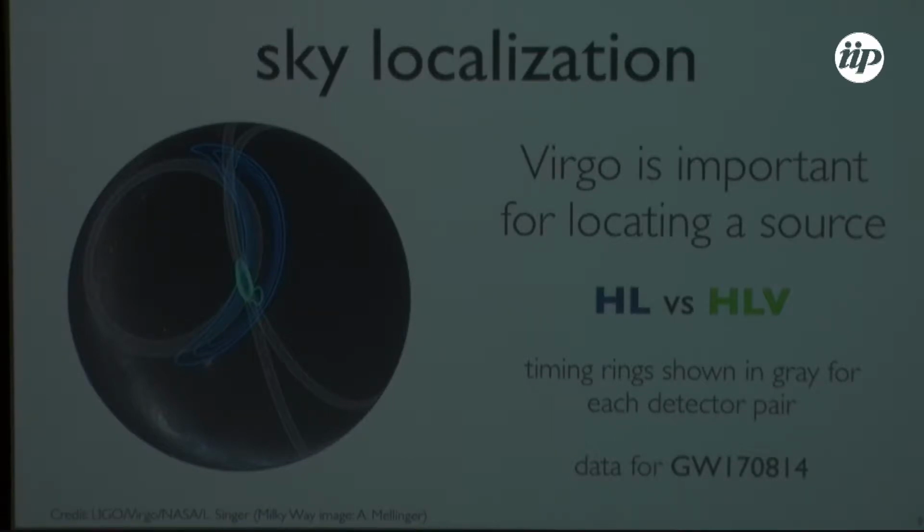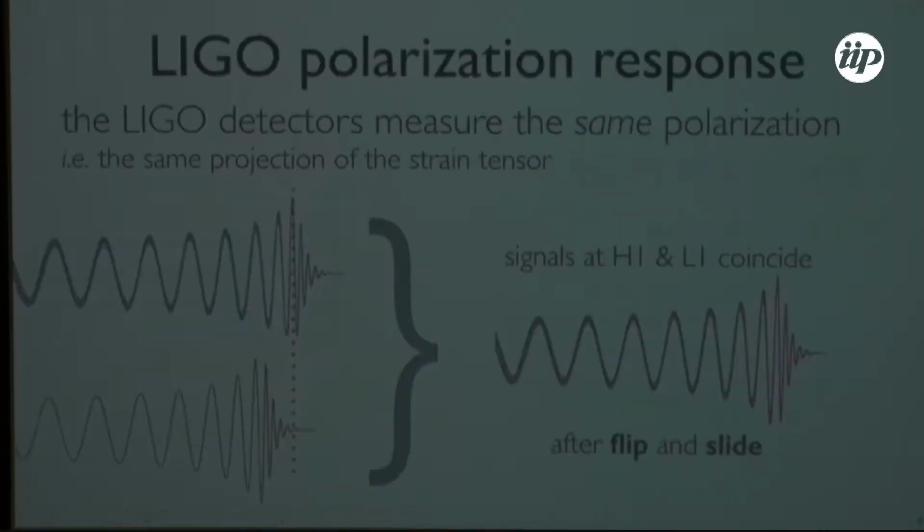Yeah, so the gray ring is just timing information, but we also have some polarization information, although imperfect. And I believe that's the main reason why you get half of the ring rather than the full ring. Yeah, the polarization information comes in here because the response is different.